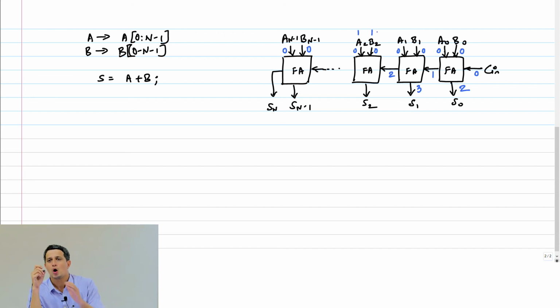That's the carry out, let's say, which is Sn, right? This one, Sn. Does it depend on Cn now? No. Why? Because that stage has generated a carry. So the generate signal, which is here in stage 2, which is A2, B2, you can just evaluate this even before that actual carry comes in, right?